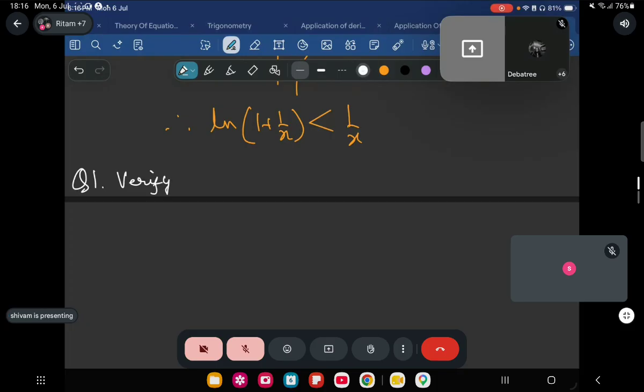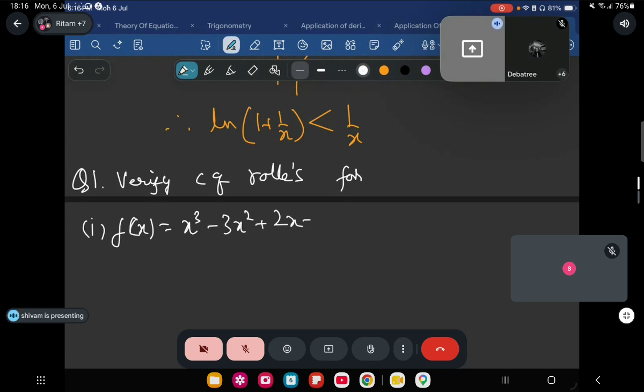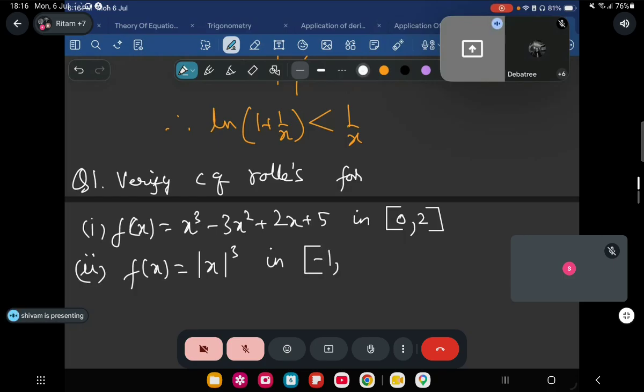Verify Rolle's theorem for number 1, f of x equal to x cubed minus 3x squared plus 2x plus 5 in closed interval 0, comma 2. Number 2, f of x equal to mod x cubed in closed interval minus 1 to 1. Solve.